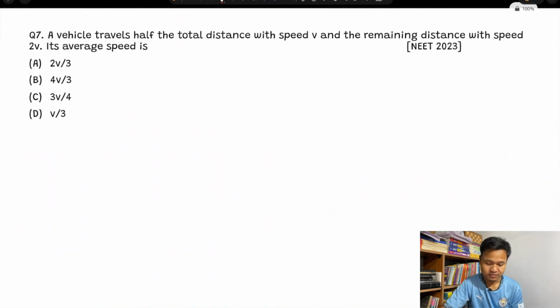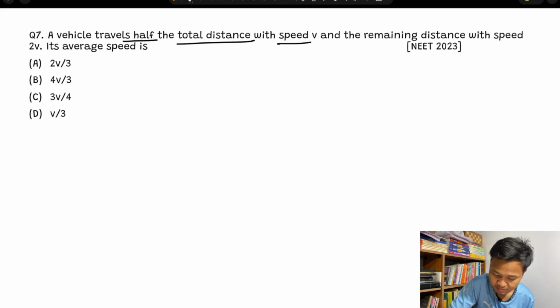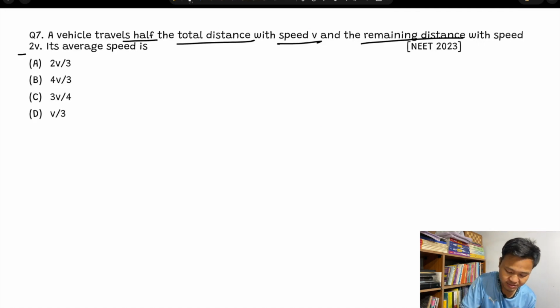Okay, next question. This is a 2023 NEET question. A vehicle travels half of the total distance with speed v, and the remaining half of the total distance with speed 2v.